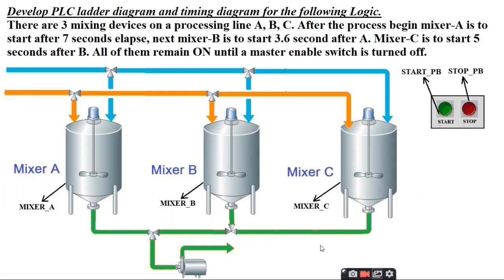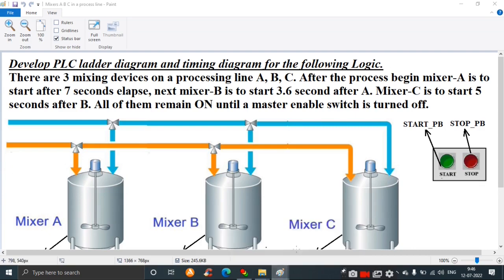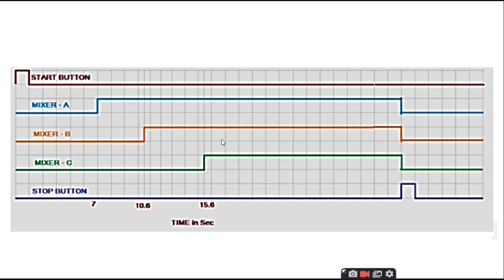Before going into the design, we have to know about the timing diagrams. So this is the timing diagram for this particular problem, that is mixer A, mixer B and mixer C. After activating the start button, the system starts, and after a duration of 7 seconds, mixer A is started.